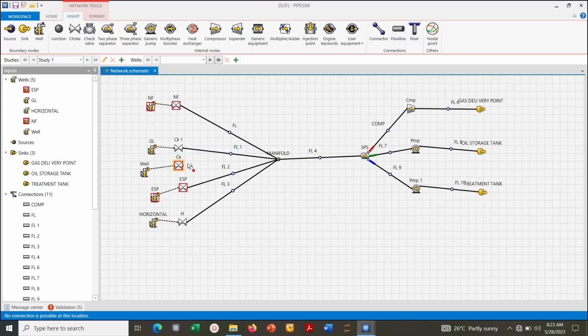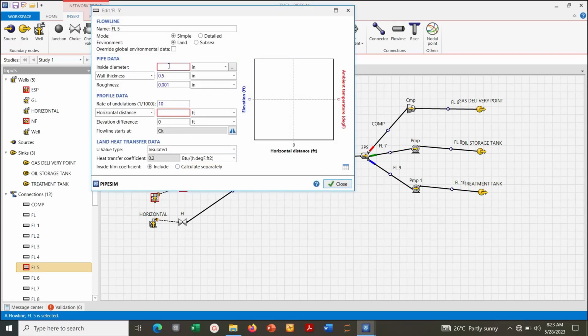So now we connect another one. And then we enter diameter to be 4.050.